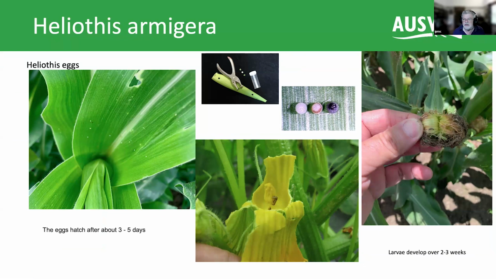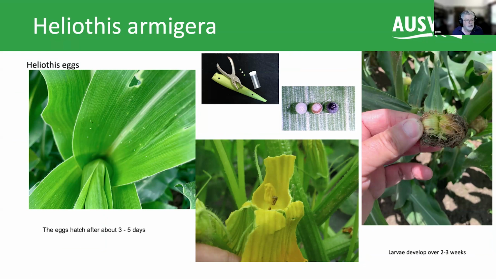Heliothis is another key pest across a range of crops, sweet corn, cucurbits, even brassicas in years when there are high numbers. Their eggs are quite distinctive again. They tend to lay them in strategic areas on the plant.